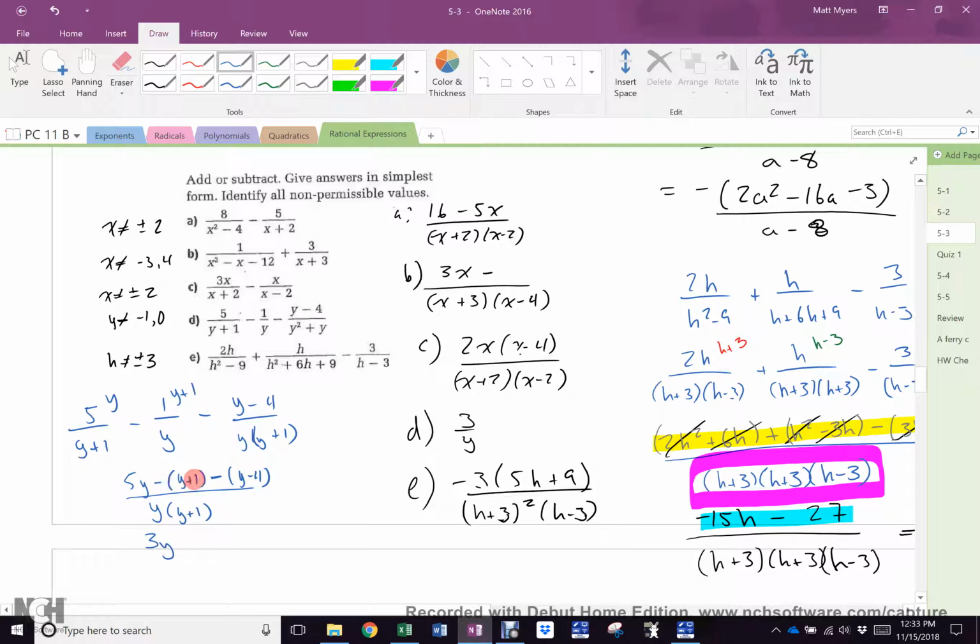Negative 1 minus 4, positive 3 over y plus 1, right? Factor everywhere you can. Take a 3 out of there. y plus 1 over y plus 1, y plus 1, 3y. Gouda?